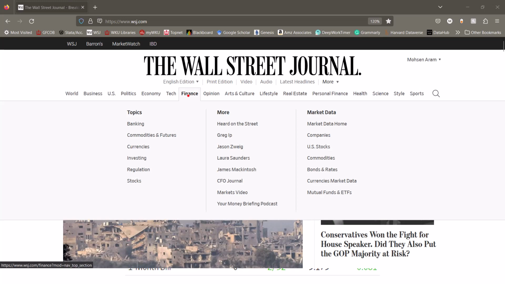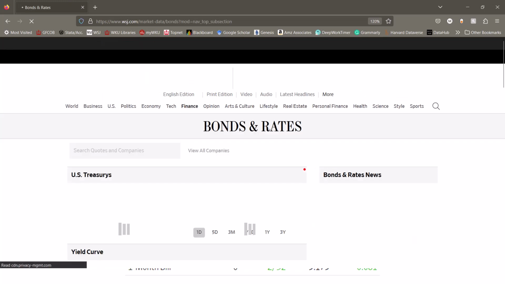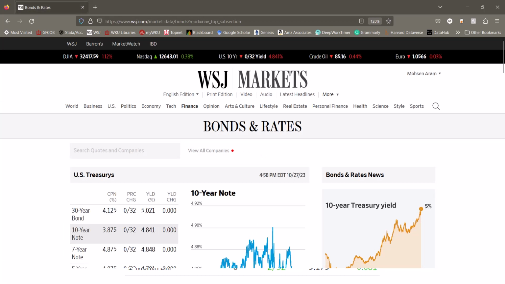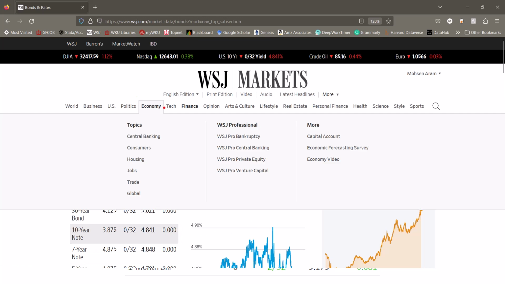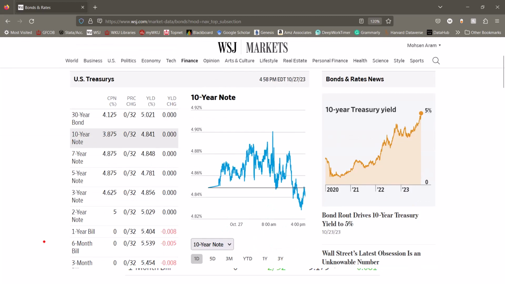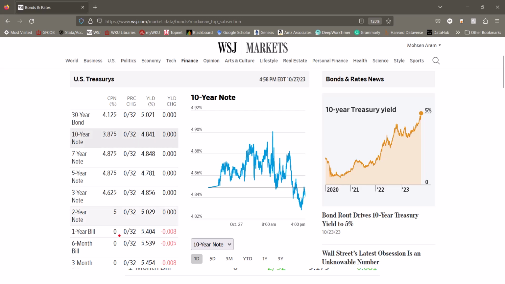We go to Wall Street Journal and find the finance page, and under finance you have bonds and rates, and you can see the US Treasury rates listed here.